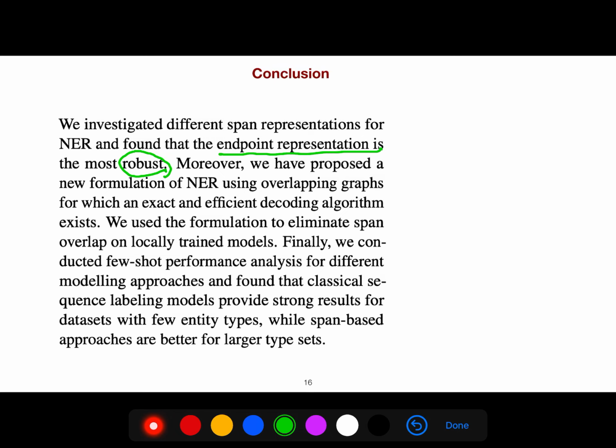Finally, they conducted few-shot performance analysis for different modeling approaches and found that classical sequence labeling models provide strong results for datasets with few entity types, while span-based approaches are better when you have larger type sets. For example, in the biomedical domain, you have a large number of different types, for example, disease class, chemical, many different types that you should be aware of. So that's why span-based is more appropriate.